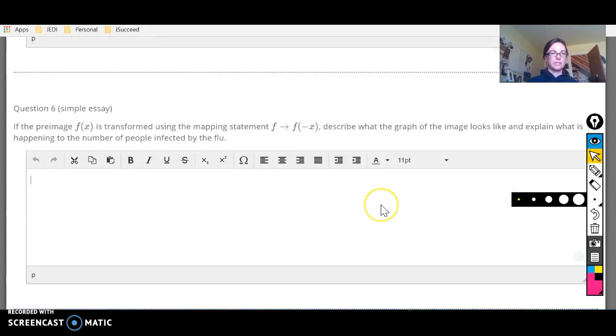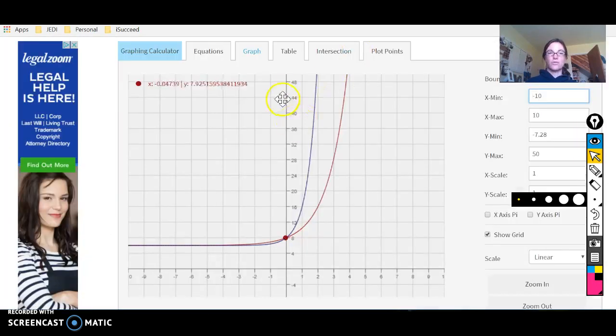All right, last question. If the pre-image f of x is transformed using the mapping statement f of x mapped to f of negative x, describe what the graph of the image looks like and explain what is happening here. So let's do that.